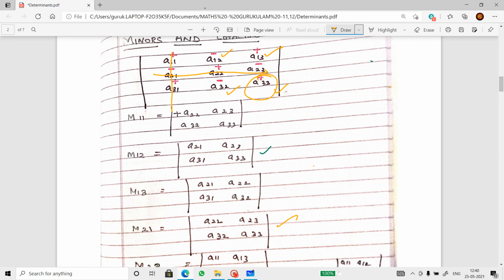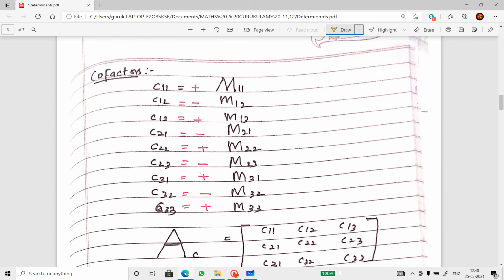Now, in the minor I only found the matrix that I get by eliminating the corresponding element's row and column. Alright. And I didn't take the signs that I put on top of it. Now the cofactors are minors with the sign.